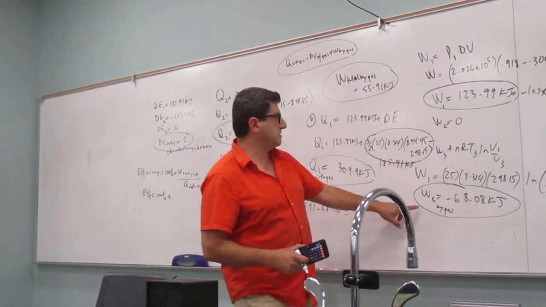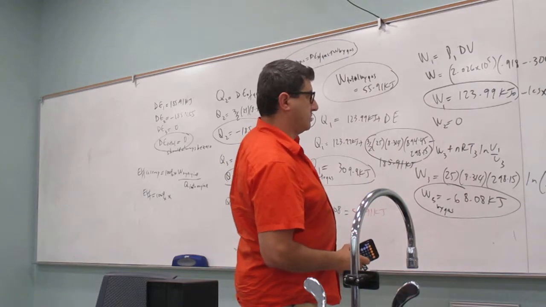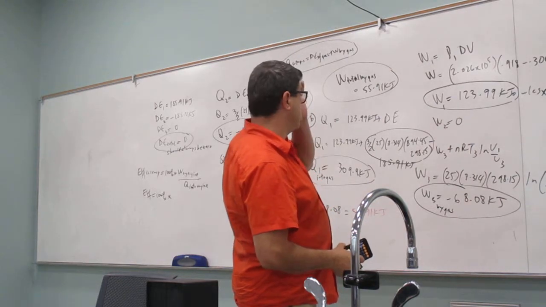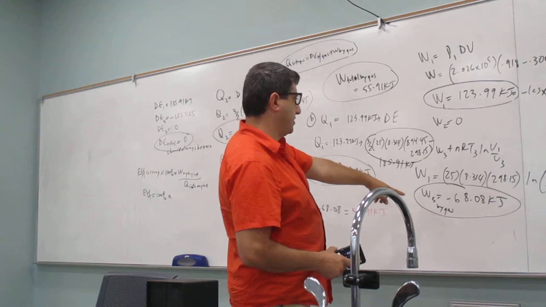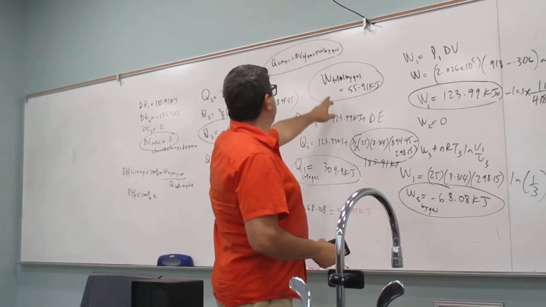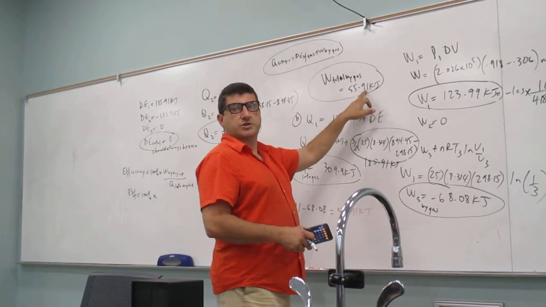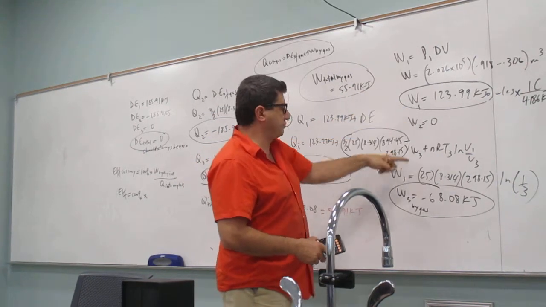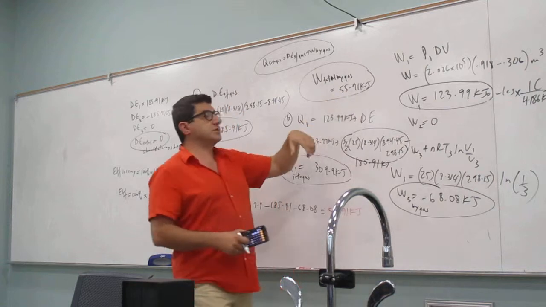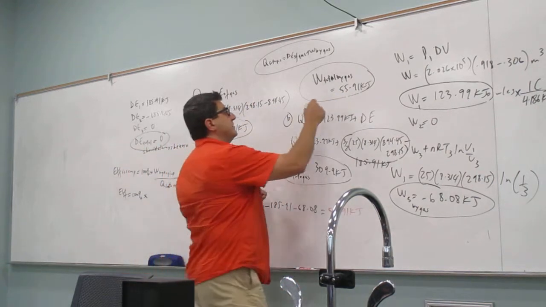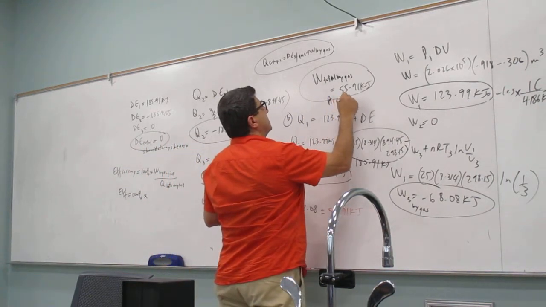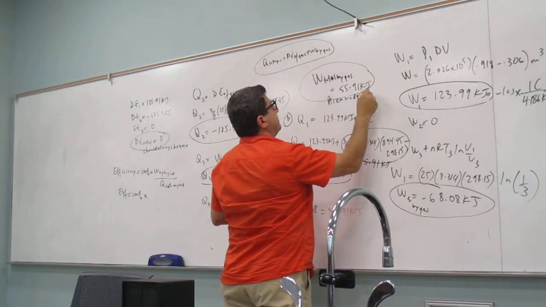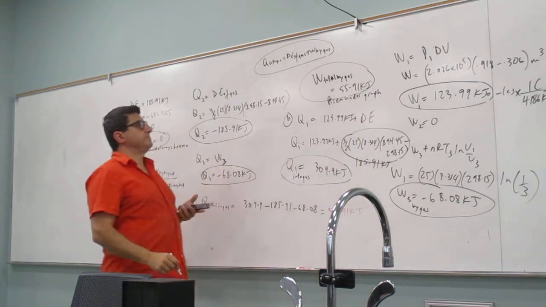Where was that? Do we calculate W total? W1, W2, W3, and W total 55, right? So that's how much the total work done. That's W1 plus W2 plus W3, that's the total work done, which is the area under the graph. Area under graph is the total work, right?